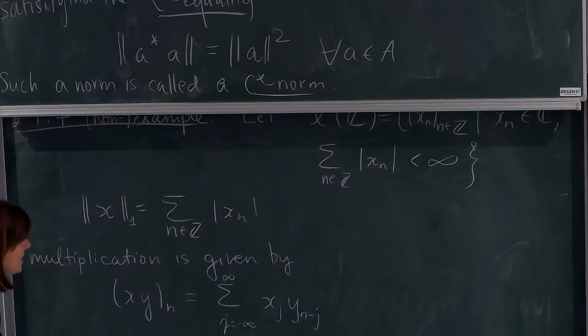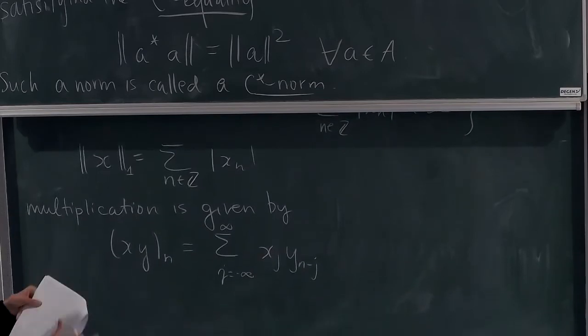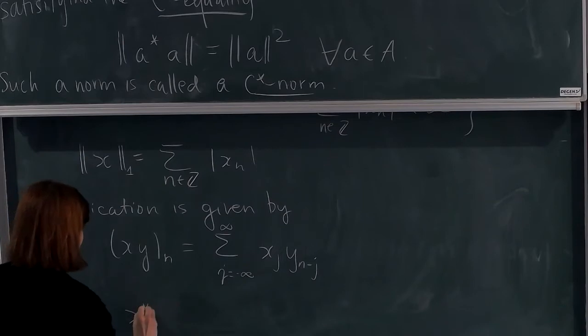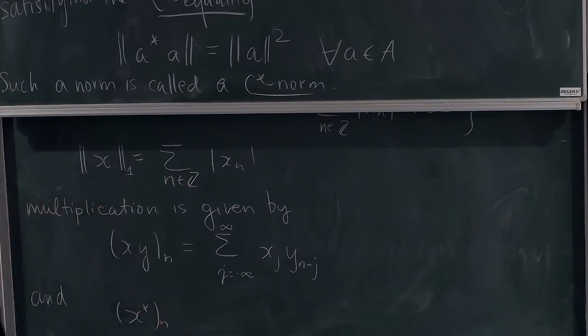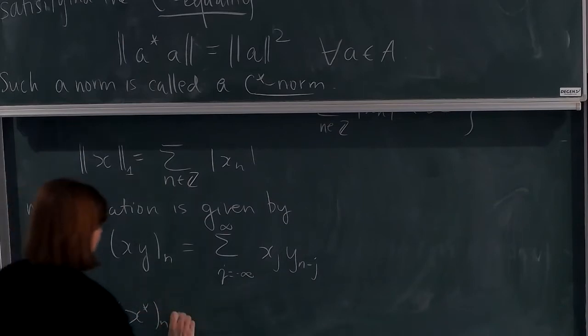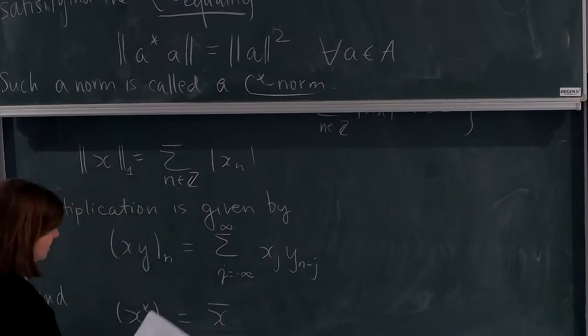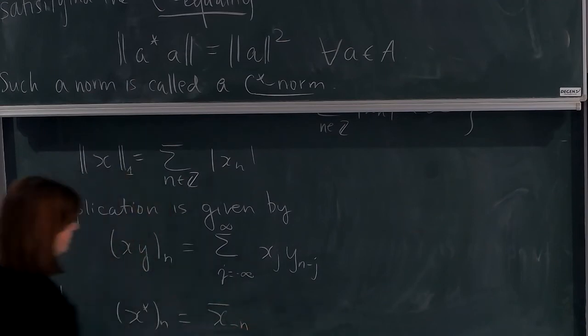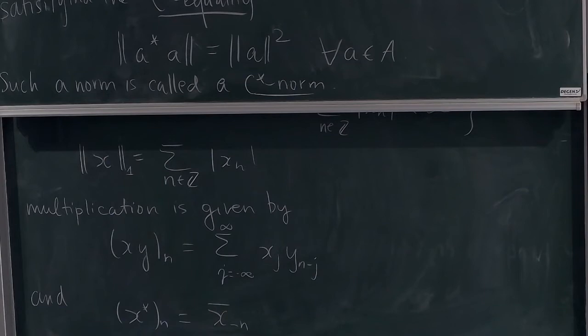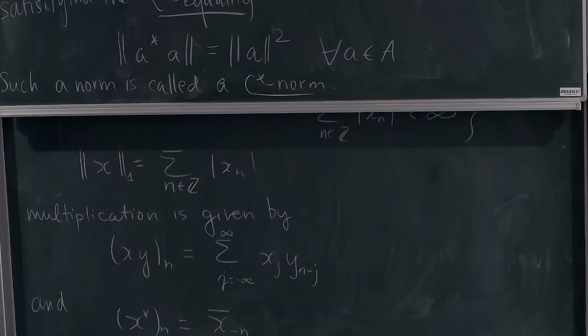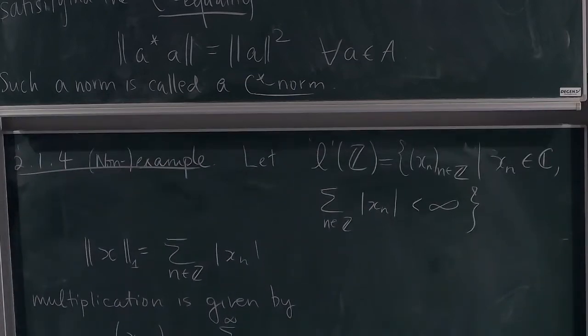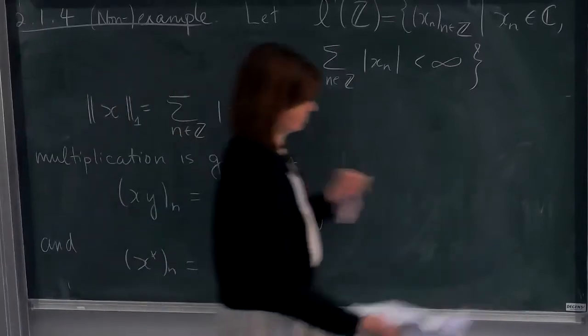And we can put an involution by defining x star at n to be the complex conjugate of x at not n, but minus n. And you can check that this indeed gives us a Banach star algebra. But this will not be a C star norm.